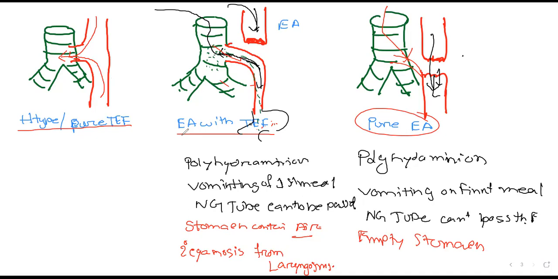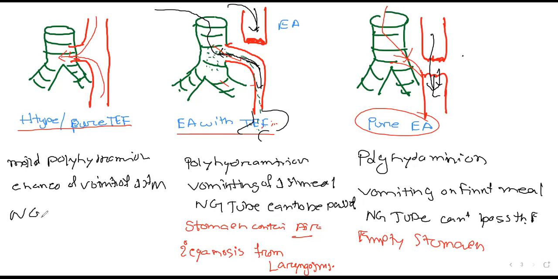In this type, we will see mild polyhydramnios, because it can swallow some degree of its amniotic fluid, but not as normal. So there will be mild polyhydramnios, and there is a chance of vomiting on the first meal.